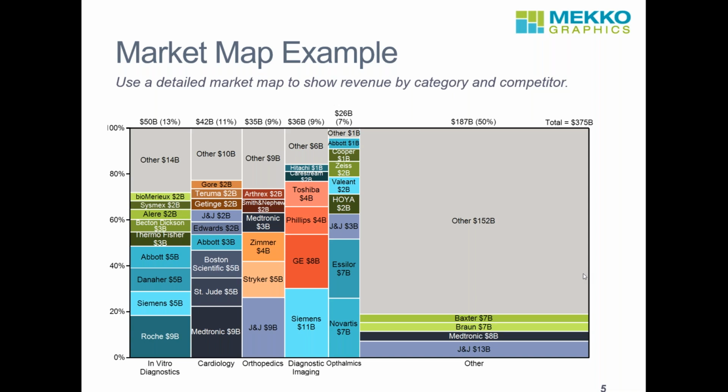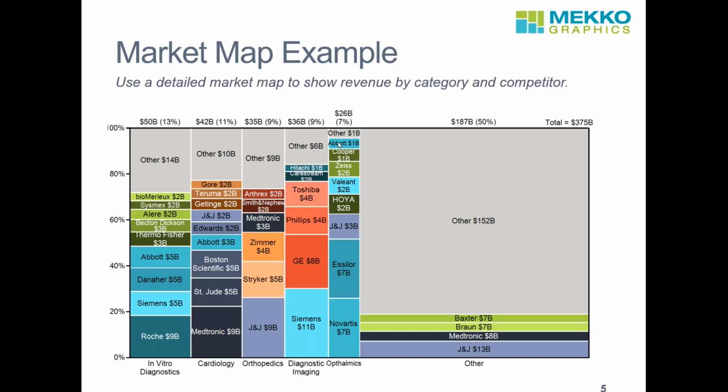So you can see that you've got different competitors in the different market segments, and each of the main market segments is relatively small, and the other segment is very large, and the other category in each of the subsegments is also fairly large. So my tips for making a market map, 2 tips.